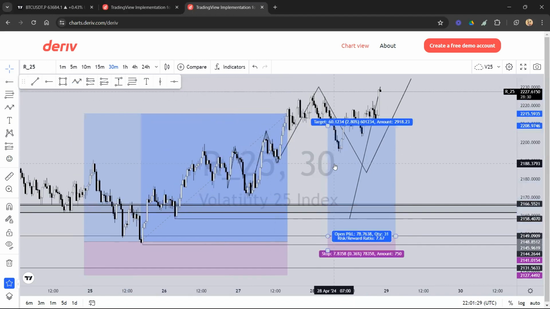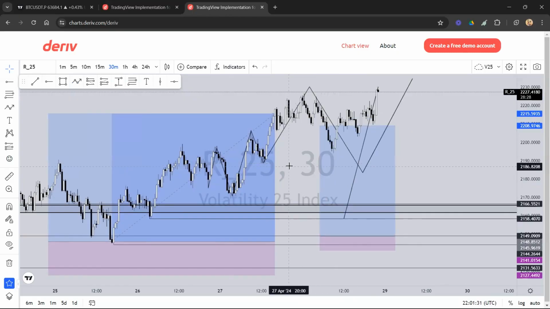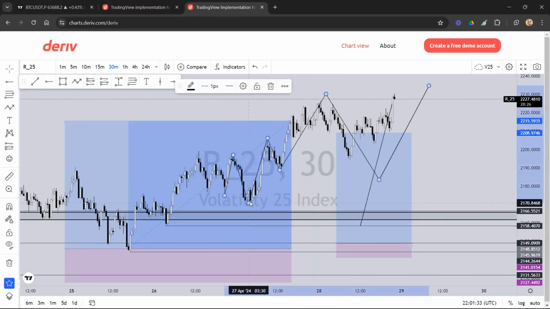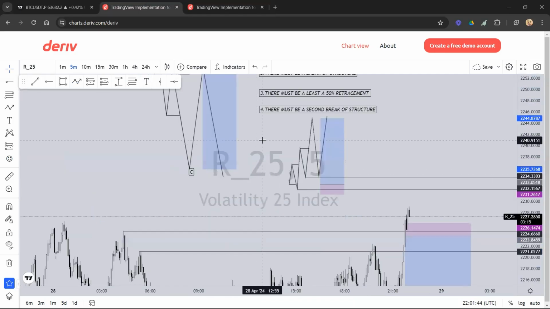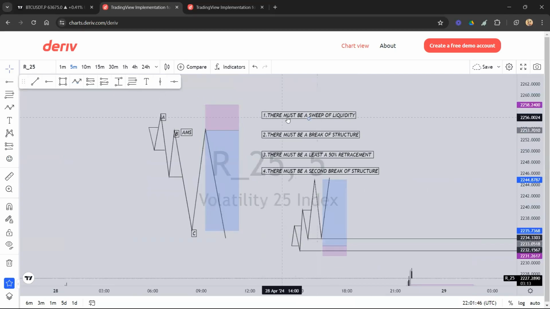So you can see it, right? This AMS is everywhere. You just have to make sure you spot them accurately and that they follow the rules listed here. There must be a sweep, there must be a break.